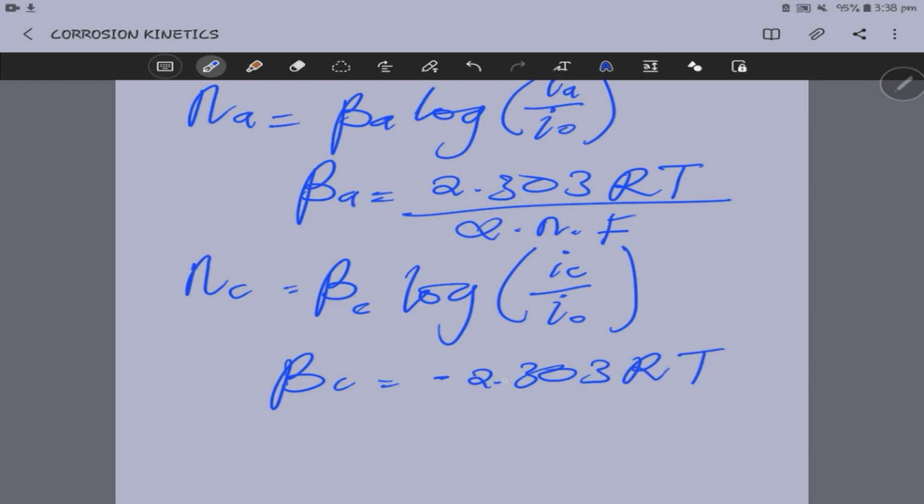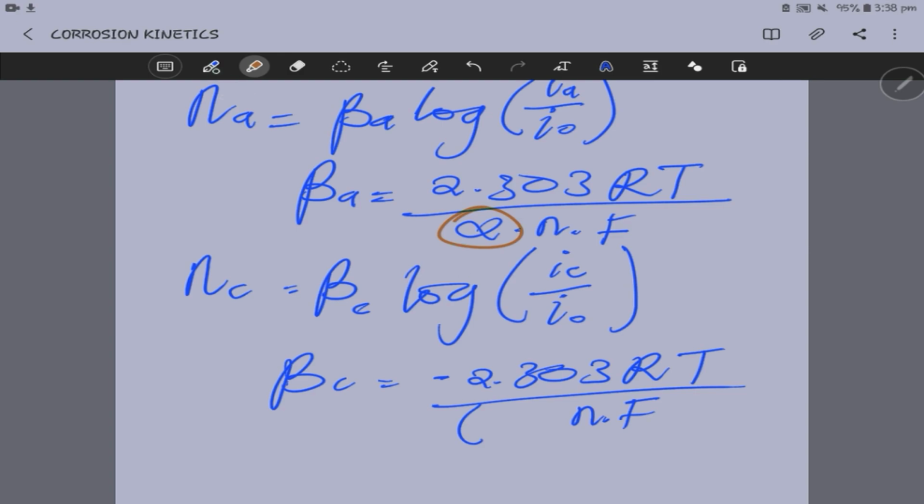This is the relationship that they've seen, and they've given an equation to it. The n is the same because it is the same reaction. And we've said that this symmetry factor describes the amount of the applied voltage that is contributing to the anodic reaction, and for a simple reaction we see 0.5.